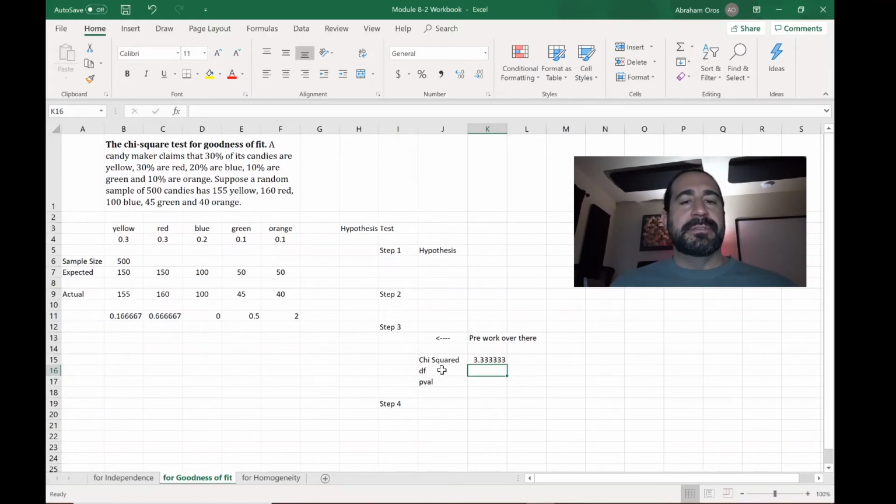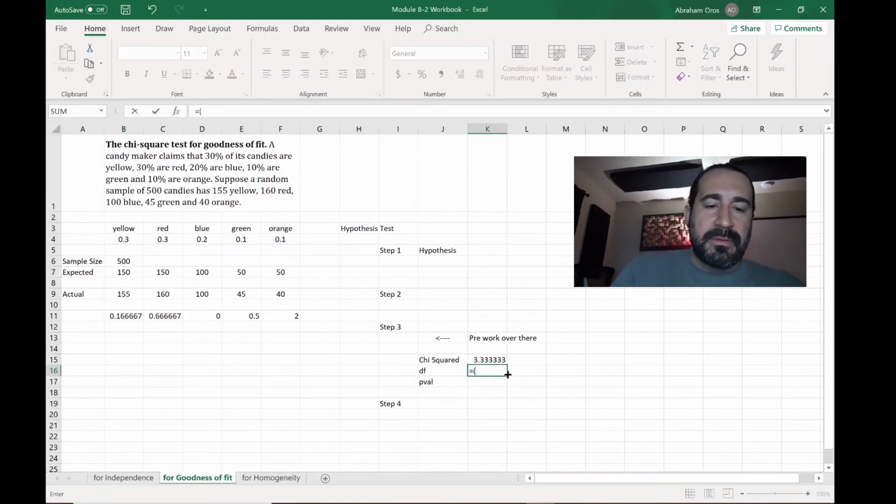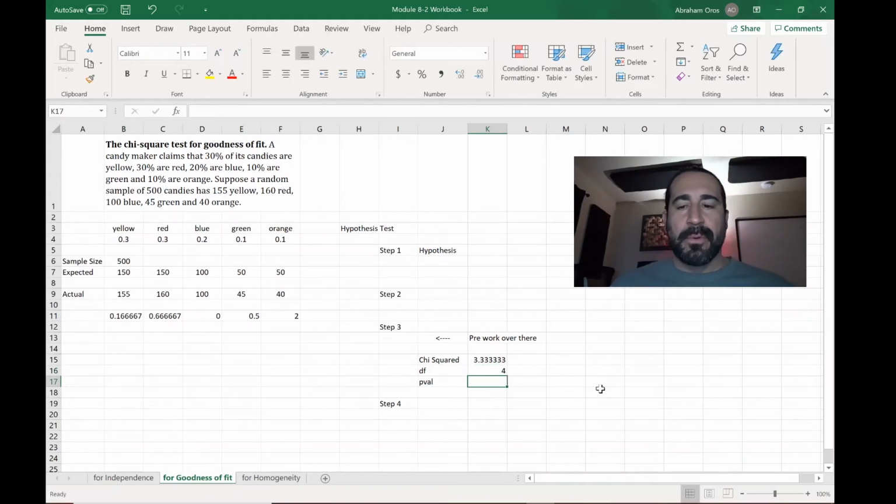The degrees of freedom, when there's only one column or one row, however your data is set up, we're just going to say that that's 1 for that. But then we take n minus the rest of these. So there's 5. So this is going to be 5 minus 1, or a degrees of freedom of 4.